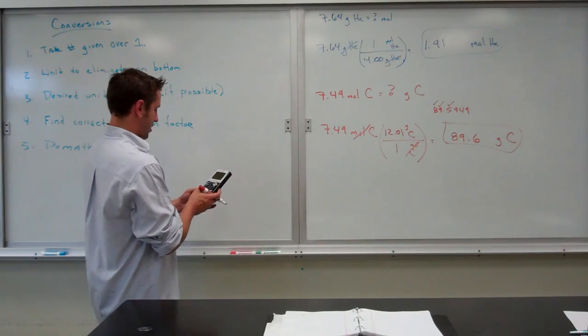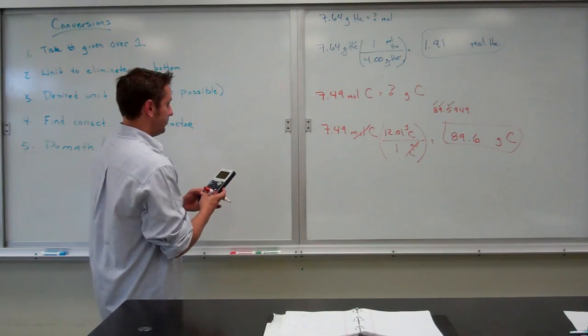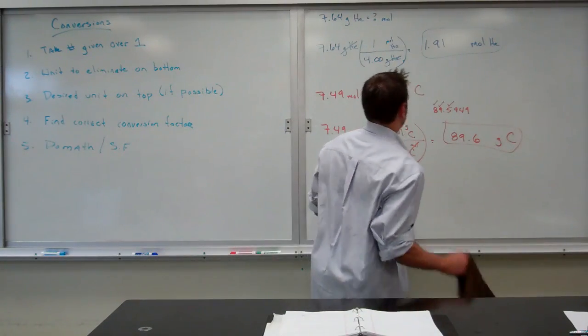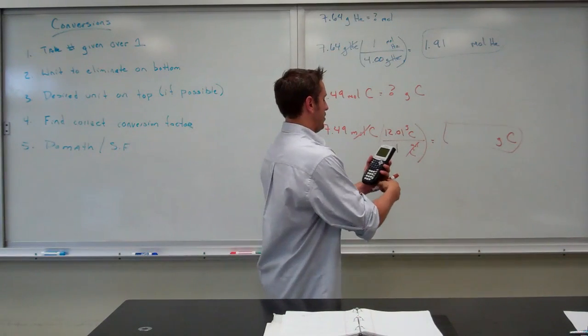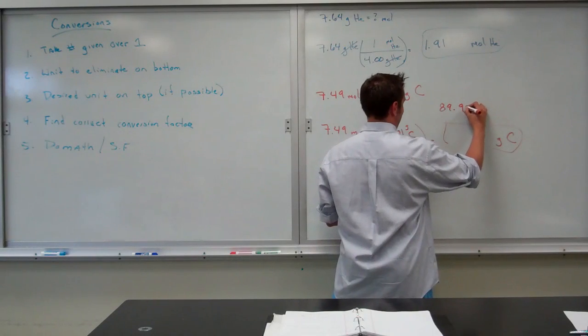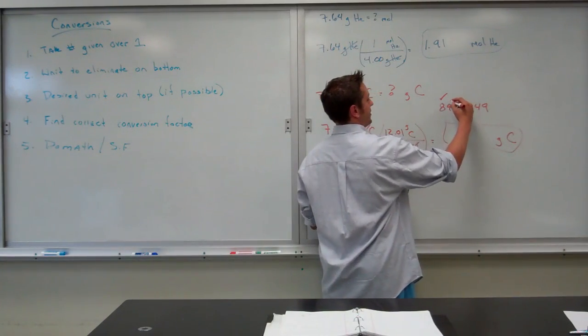Just double checking my math. Oh, I forgot a number. Okay, so the number in my calc was actually 89.9549. So does an 8 count? Yes. Does a 9 count?